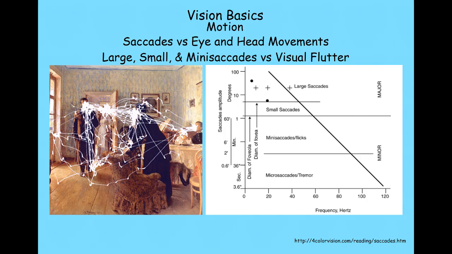Now, we've generally talked about saccades as though there was just one kind, but in fact there are a number of different kinds of saccades. There are major saccades and minor saccades. Within the major saccades, there are two groups. Large saccades, which are relatively large movements across the visual field. Those tend to occur not that frequently, every 3 to 20 seconds. They're not studied nearly as intensely as the other major saccade, the small saccades.